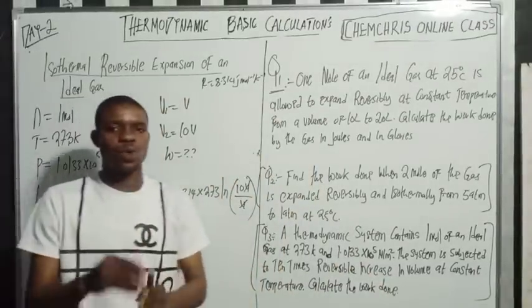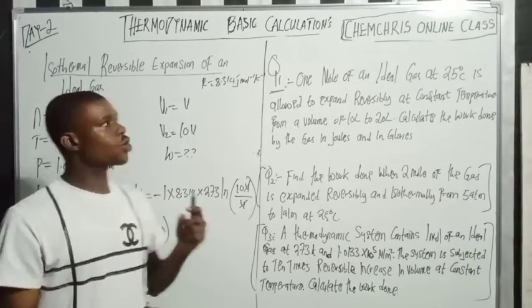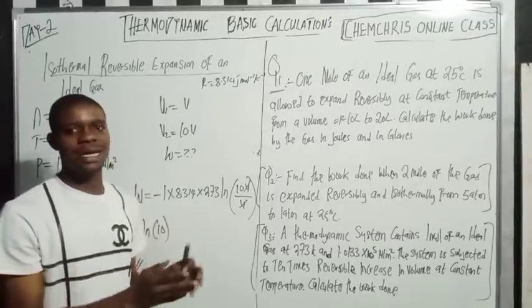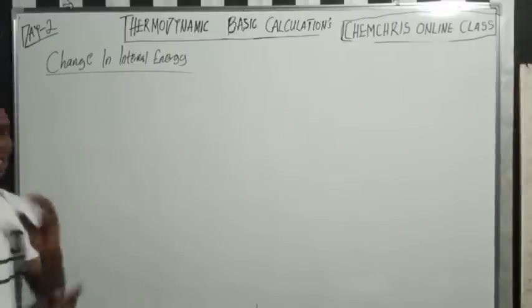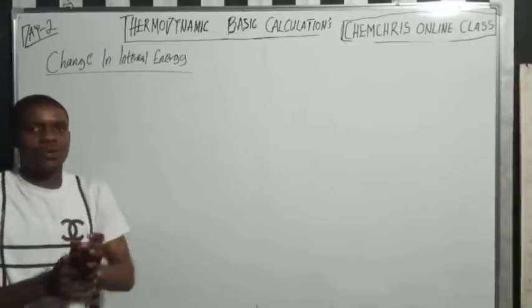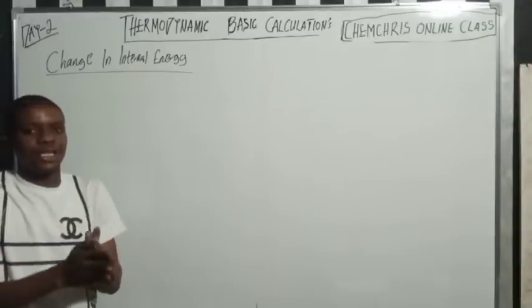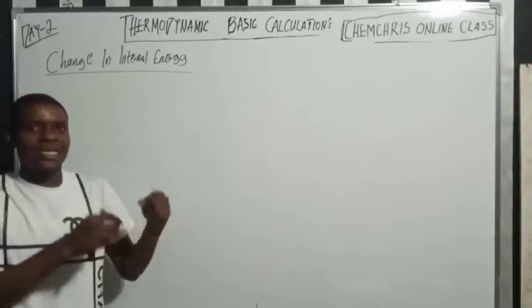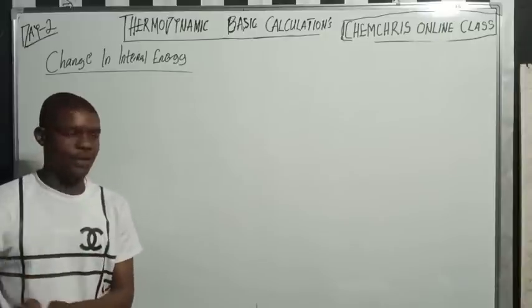The next one I want to look at is one of the most critical aspects when it comes to the thermodynamic basis for calculation, which is change in internal energy. So let's get into it. When it comes to a system, there's always internal energy of that system. The summation of all the possible kinds of energy in a system is called internal energy.